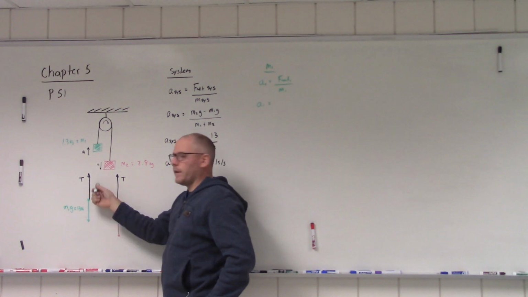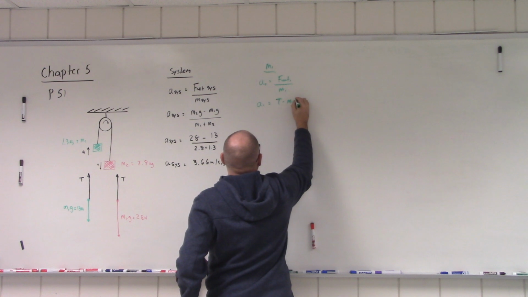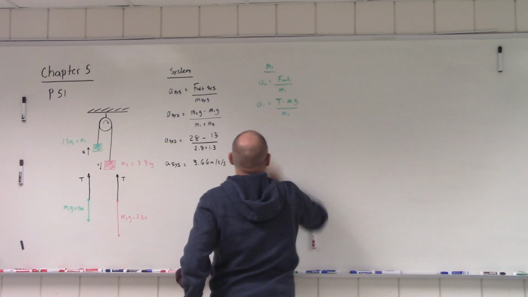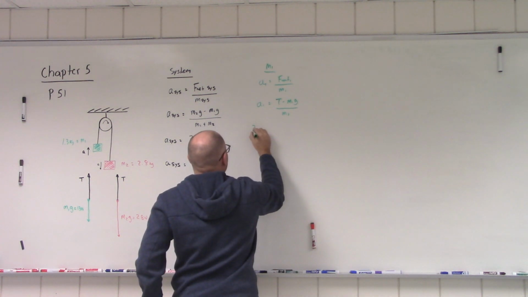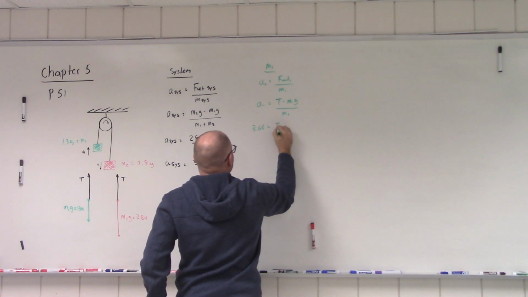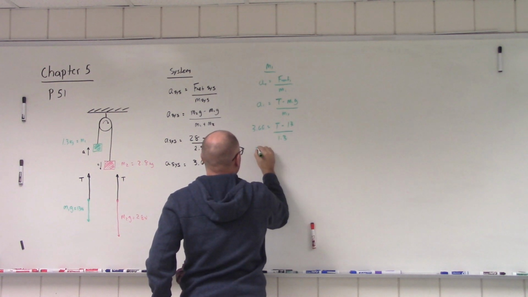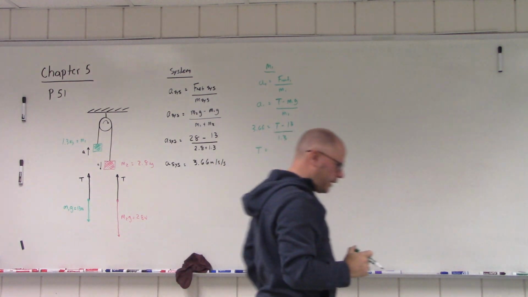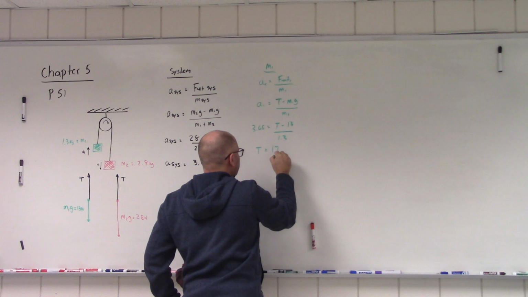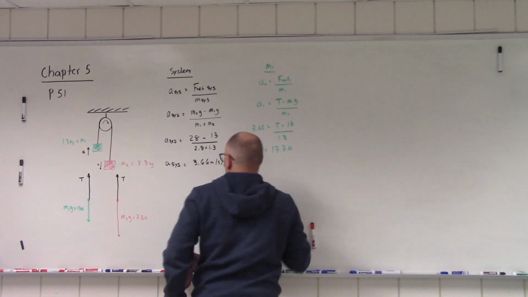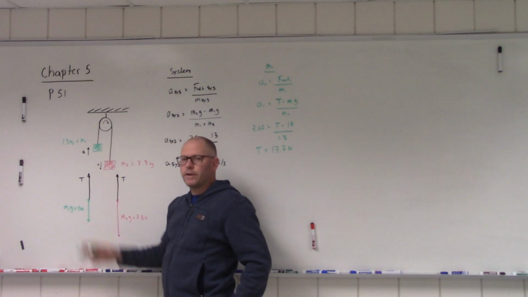I'm going to do big minus small. So I have T minus m1g all over m1. Now I have everything except the tension, and I can plug and chug. So this is 3.66 equals tension minus the weight, which is 13, over 1.3. So the tension, according to this, is 17.7 newtons. What I like is that this weight is 13, so if the tension is 17.7, it's bigger than 13, and that works for us.